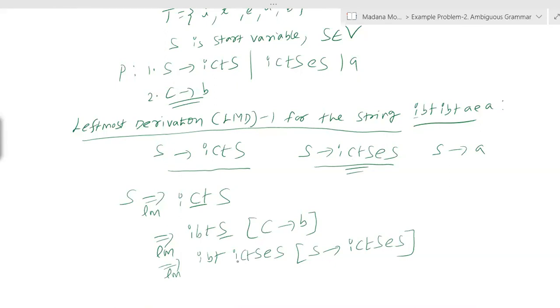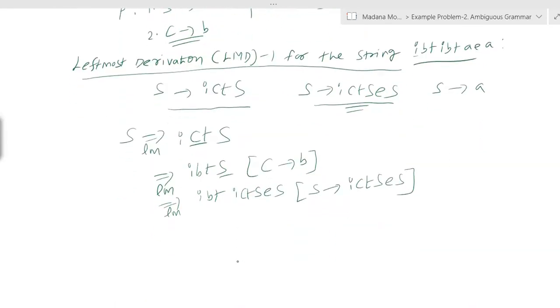So now you can see, here C, S, S, three variables are there. Whenever we are applying leftmost derivation, compulsory leftmost variable, first you need to replace. Now what is the value you need to substitute in place of C? Only we have one substitution, that is C derives B. Now our string is IBT, then I. So after I, again what you want compulsory?